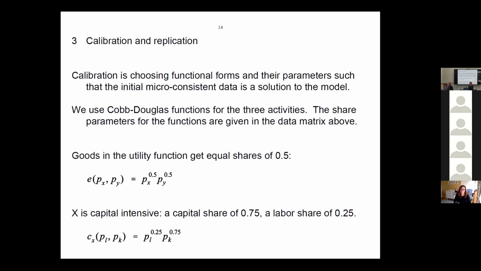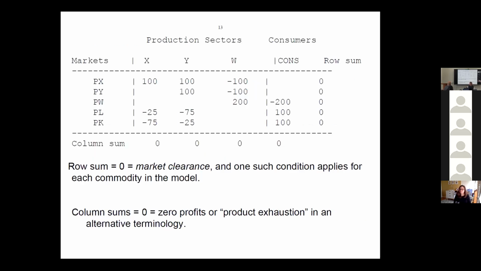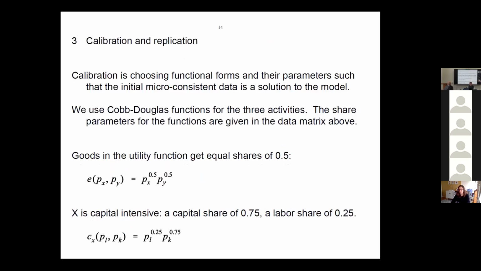So the expenditure function: the data says that there are equal shares spent on X and Y, and I'm going to assume that units are chosen so that all prices are 1. For Cobb-Douglas, the expenditure shares are the exponents in the utility function. You run that through an optimization problem and you get the expenditure function, which is self-dual, and that's true for all CES functions.